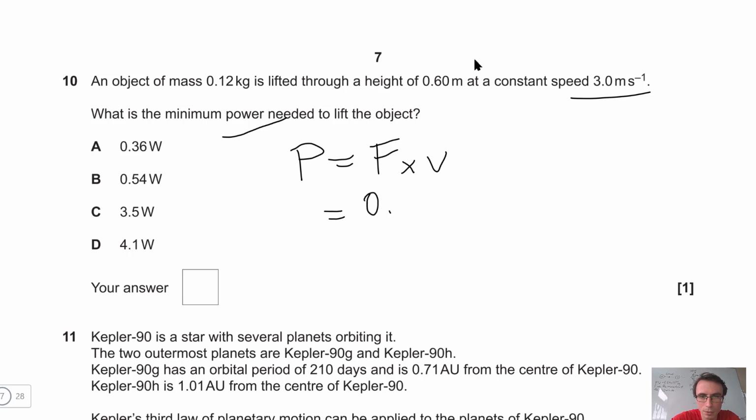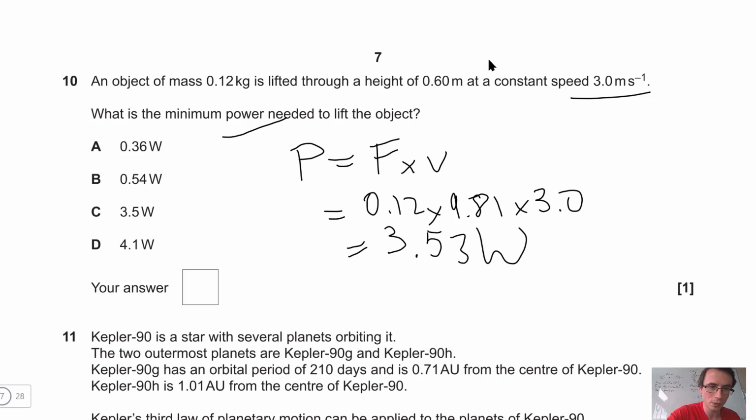So what would that be? 0.12 multiplied by 9.81 multiplied by 3 meters per second. Once again, in the exam for the multiple choice, I would only use my calculator for this, rather than wasting time writing these out. So 0.12 times 9.81 times 3.0, which is 3.53 watts. Correct answer is C.